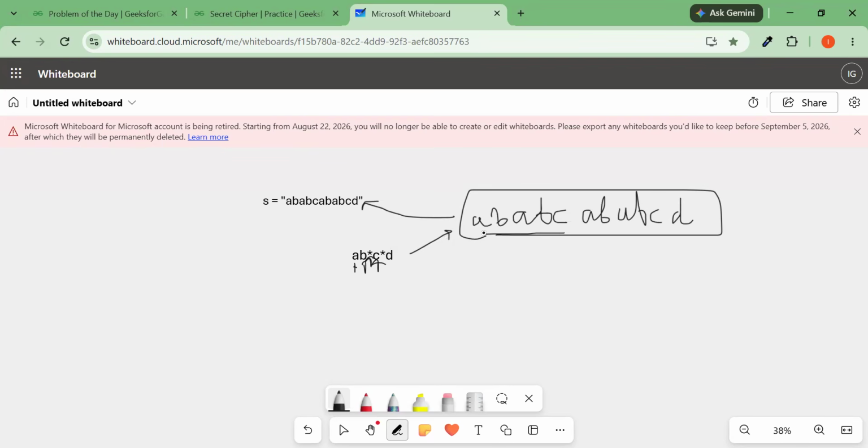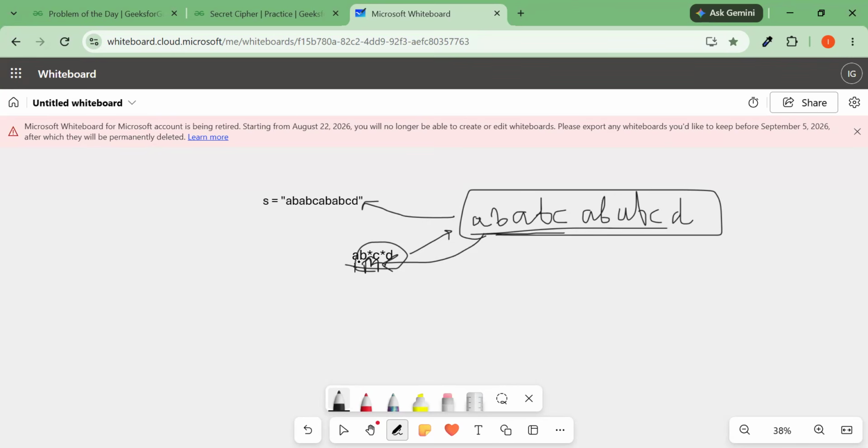But the problem statement is saying you have to calculate this encoded string. Basically, you are given this as input and you have to find out this one. In the same manner as we found this from this, we will find out this encoded string. How will we do that? The first thing is we are going to repeat the string, right?